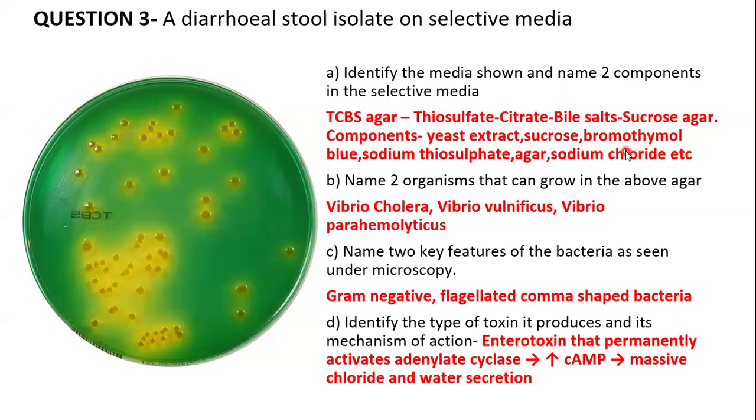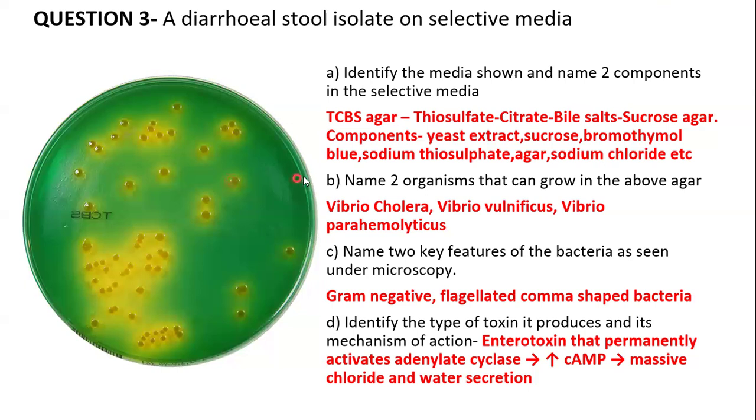Then the bile salts, anytime you see bile salts anywhere, it inhibits the growth of gram-positive bacteria. Then sucrose is just a source of energy because it's going to be fermented. It's a type of carbohydrate. So once it ferments, there's production of acid, and the acid is going to make it turn yellow.